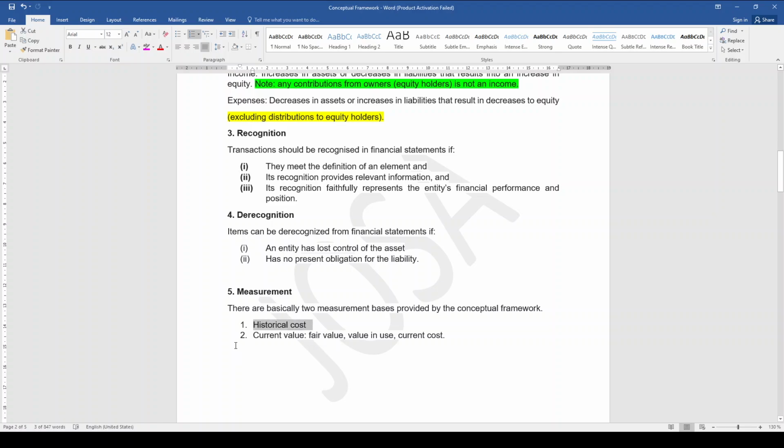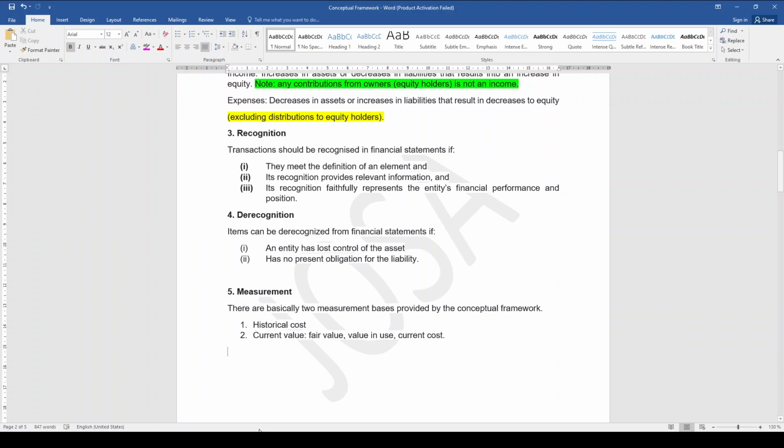So what is important? We should always look at the characteristics of the assets. If it is your vehicles, if it is land and buildings, would you prefer using the historical cost for the vehicles and then the revaluation method for land and buildings?